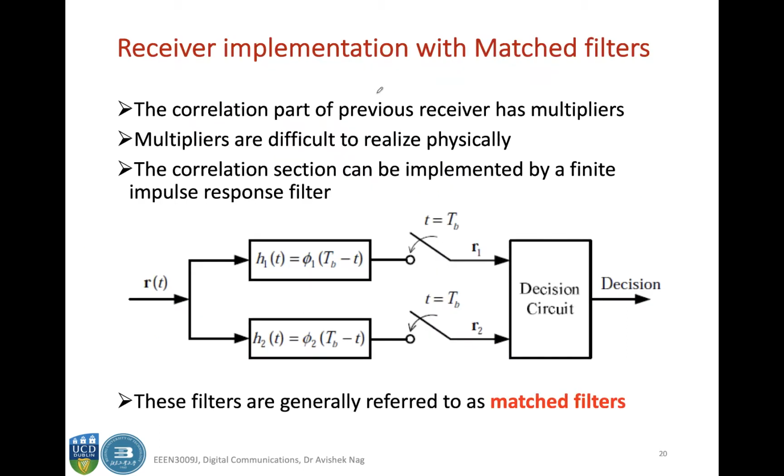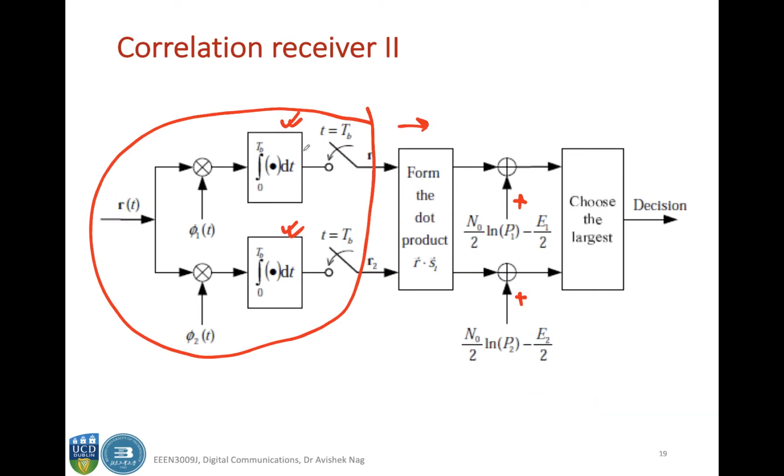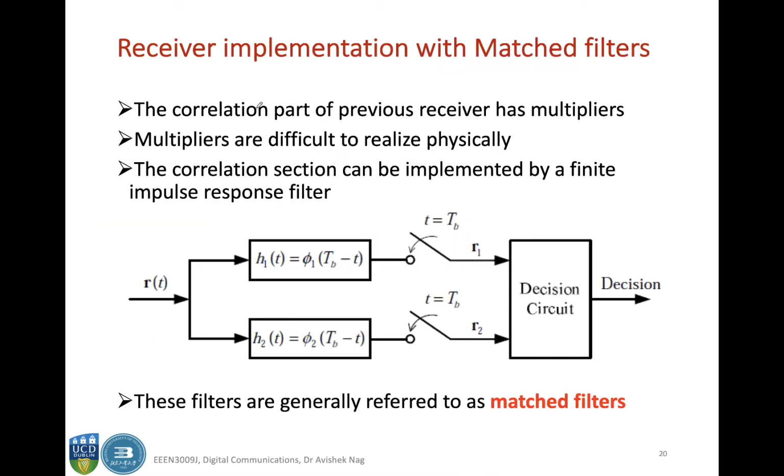So the idea is that you can replace the whole thing, this total operation of multiplication and integration, by a filter whose impulse response is defined as this. So h1(t) is the filter whose impulse response is phi 1(Tb minus t), and h2(t) is phi 2(Tb minus t).